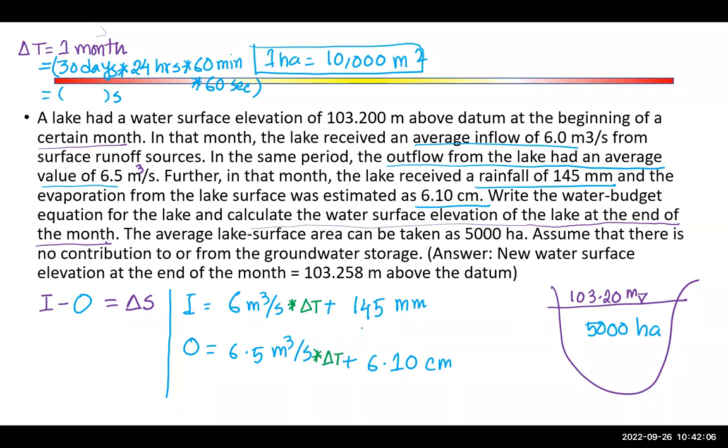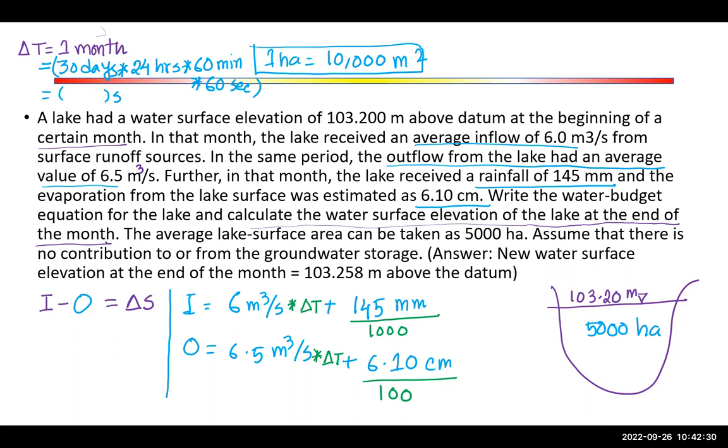Now this one is 145 millimeter. I can't work with millimeter. What do I need to do? Divide by 1000. Now it will be meter. I can't work with centimeter also. I will divide that by 100. Now even if I divide by 1000 and 100, still it's not volume.